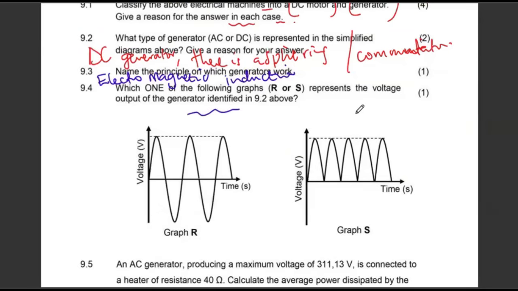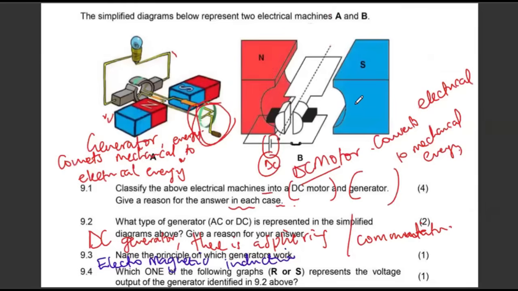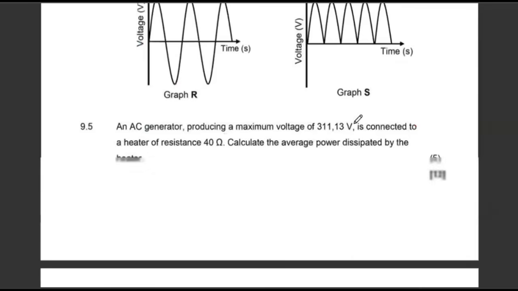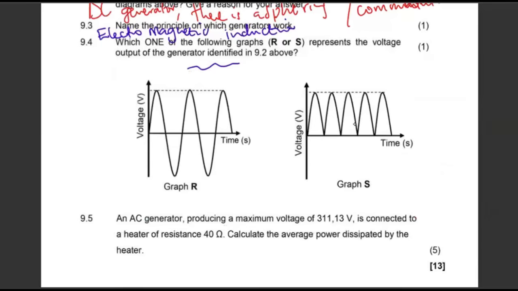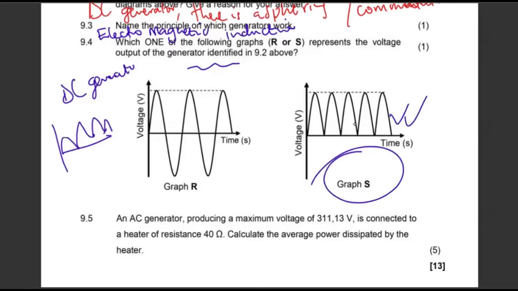Now our focus is on a DC generator. So which sort of output is it going to have? Anything that is DC will always have these humps. Anything AC will have the sine graph. So graph S is the correct option there.